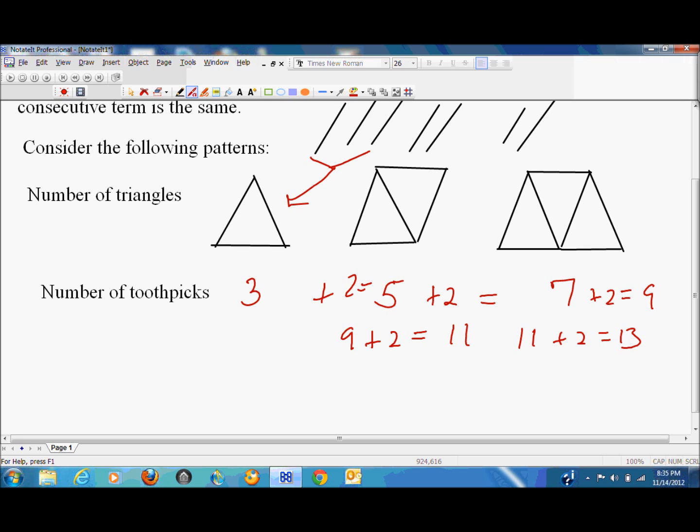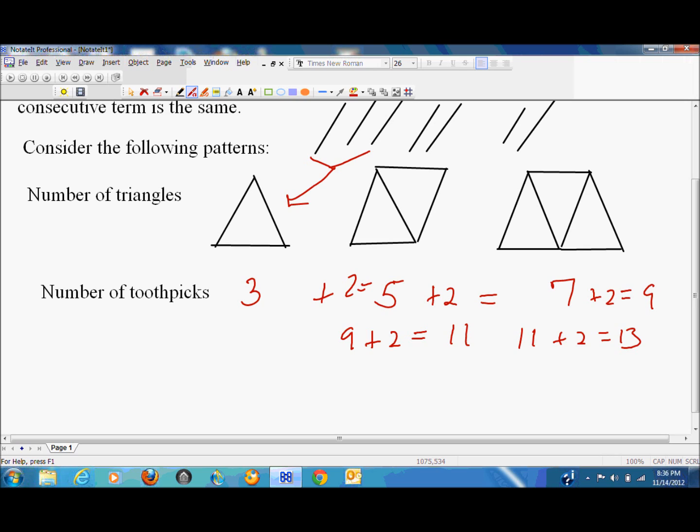So what that is telling me is that if I wanted to create 4 triangles, I would need 9 toothpicks, and so forth. But how many additional toothpicks are needed for 4 triangles?